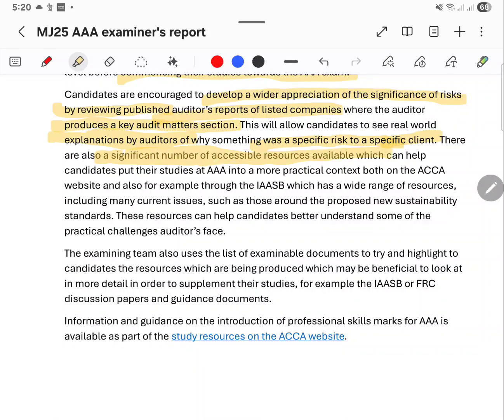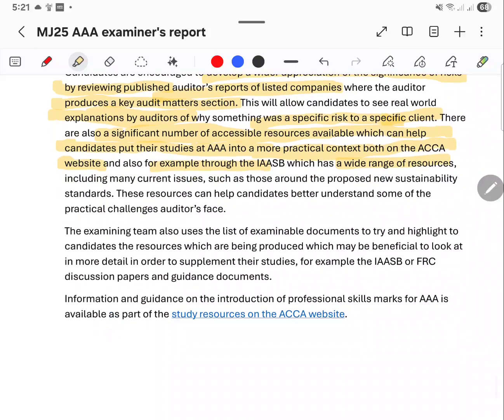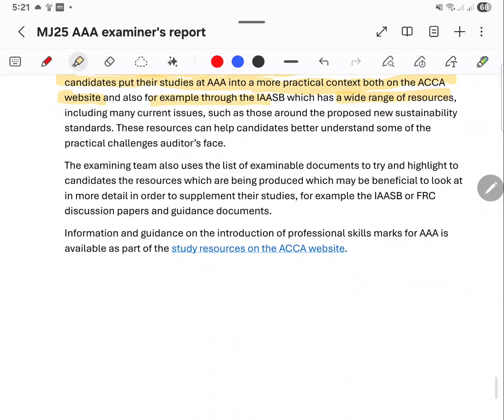There are also a significant number of accessible resources available which can help candidates put their studies at AAA into more context, both on the ACCA website and, for example, through the IASB, which has a wide range of resources including many current issues such as those around the proposed new sustainability standards.